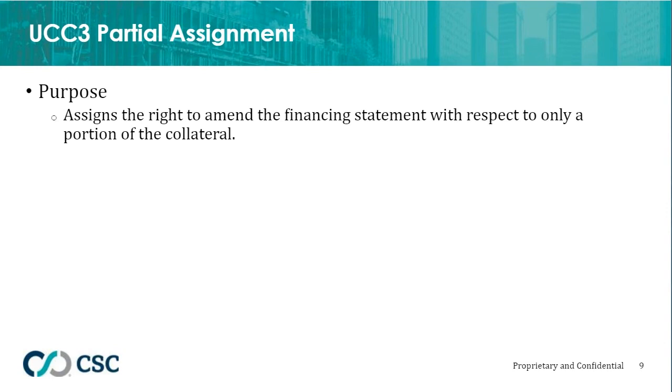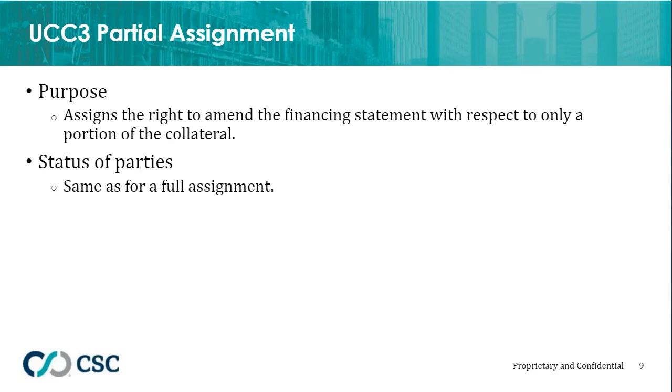As far as a partial assignment goes, the purpose of this is to limit the assignee's right to amend the financing statement to affect only certain described collateral. The status of the parties following a partial assignment is the same as for a full assignment. The assignee becomes a secured party of record.